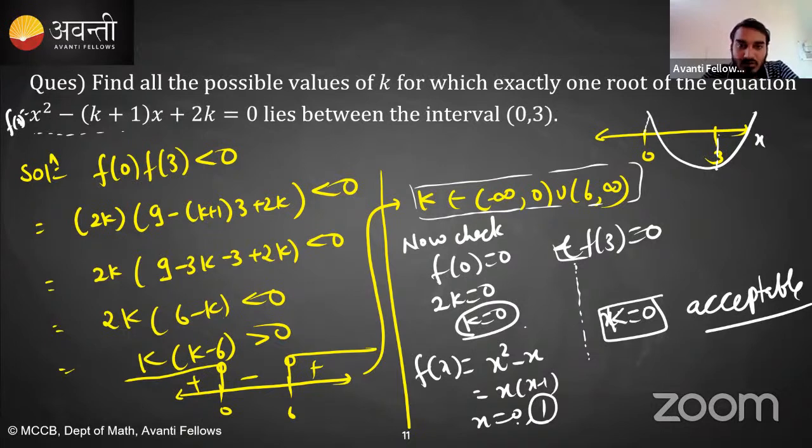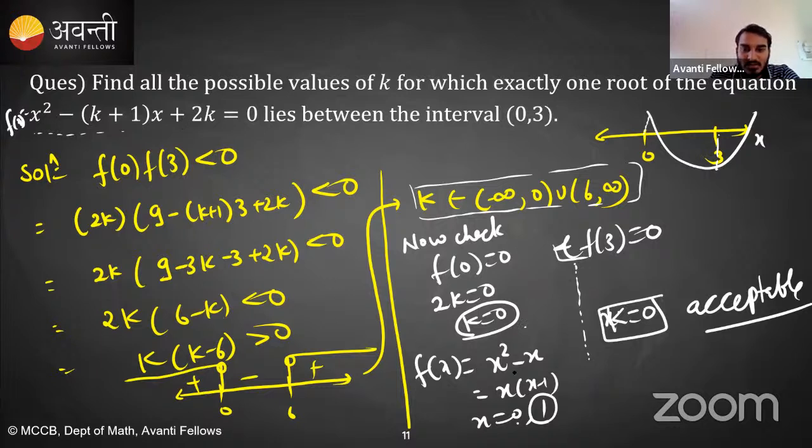Then I said that this will not be the final answer. You have to include the cases where x is equal to 0 or x is equal to 3 is one of the roots. Okay. So what you will do, let's say x equal to 0 is one of the roots, then f of 0 is 0, right? So from there we got that k is equal to 0. So now put this k in the original equation.